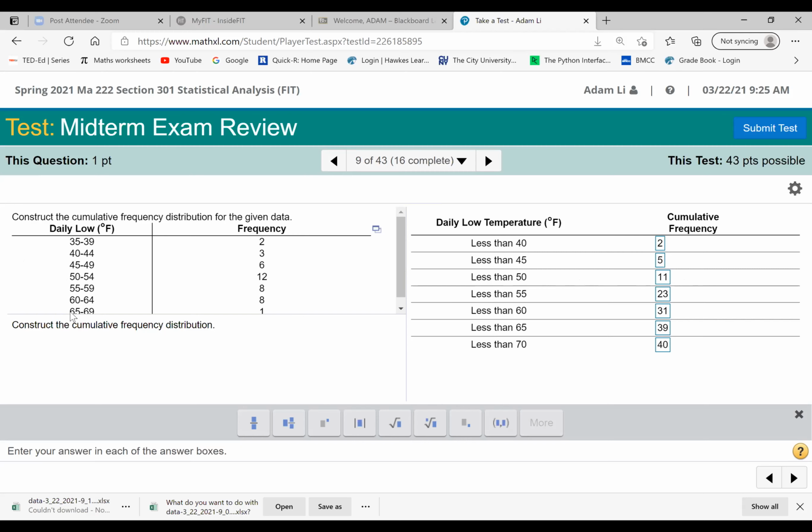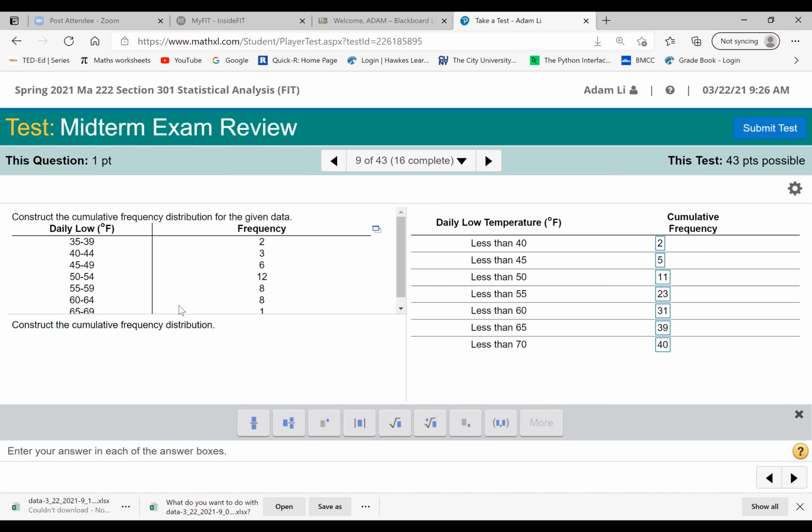Then less than 60, very similar, accumulating the first five classes in terms of frequency. We just add an additional 8 here. So 23 adding 8 becomes 31. Then less than 65, accumulating the first six classes. So 31 adding 8 becomes 39.